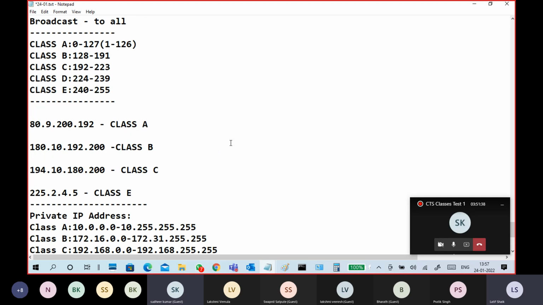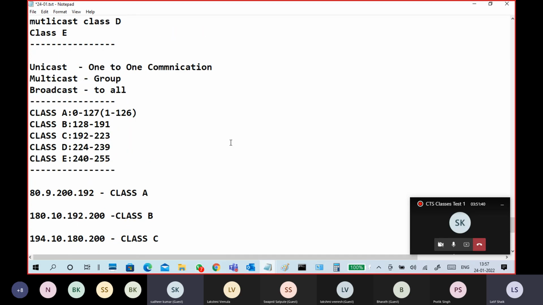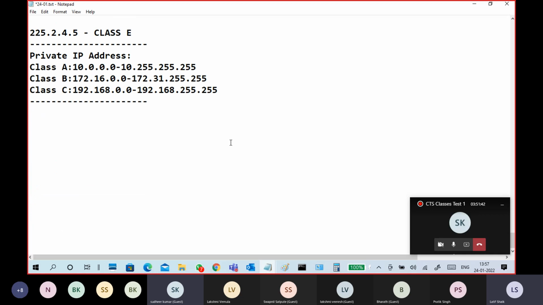The subnet mask is also there. When we come back in the afternoon class, the first thing we will discuss is the subnet mask. I'm just giving this for detailing purposes.